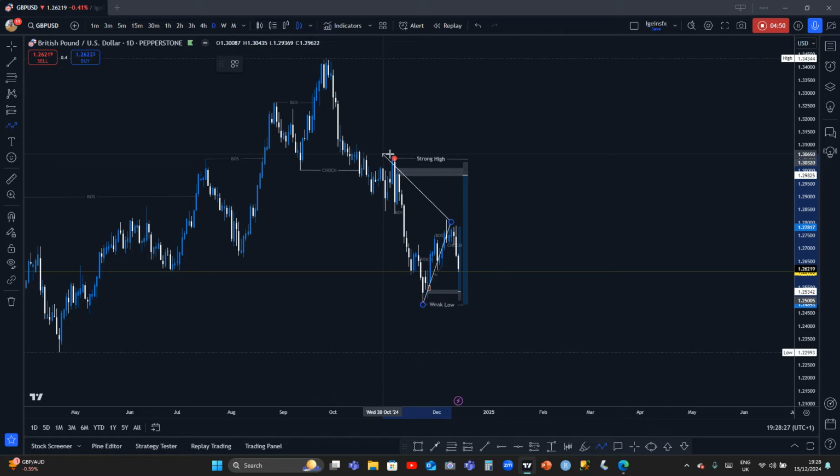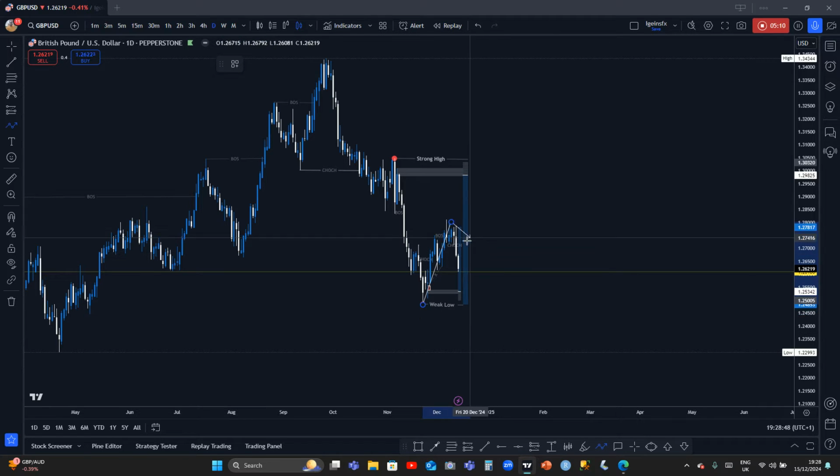So the strong level will always come to take out the weak level. This is the last low. Now that there's a pullback, we are experiencing a bearish run to take out this low.